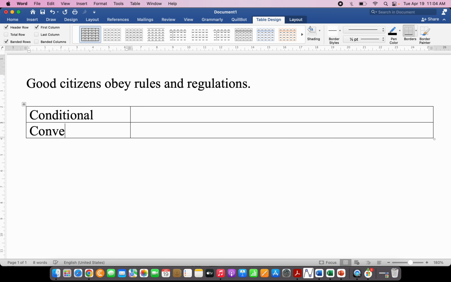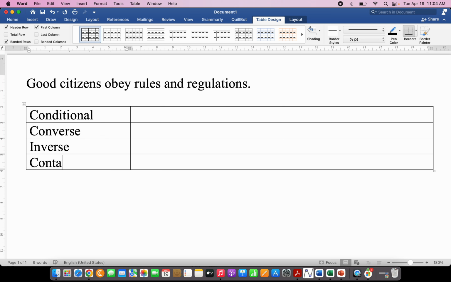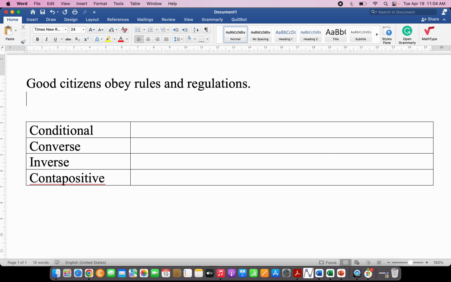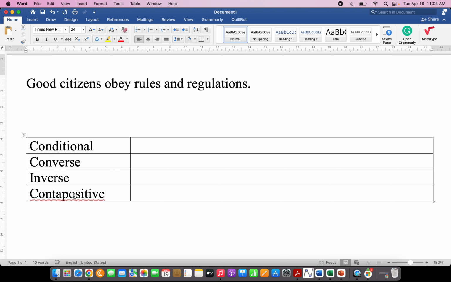So we have here the converse, inverse, and then the contrapositive. That's it. Pero bago to, i-simplify muna natin how do we write the different variations or implications.